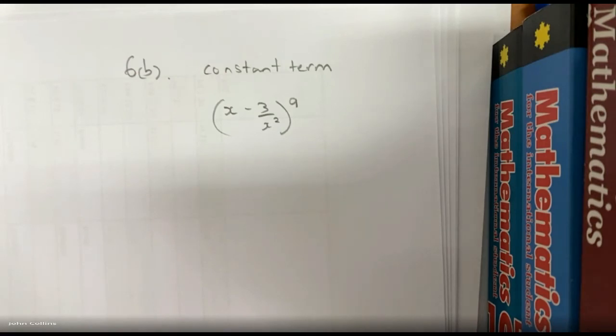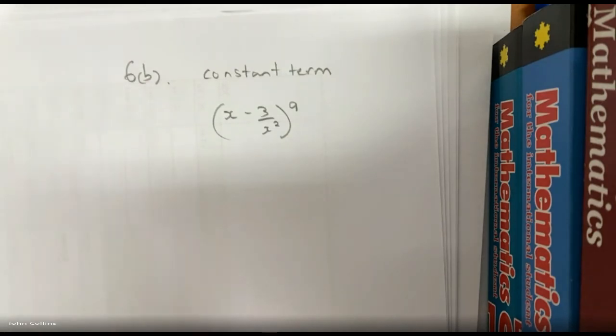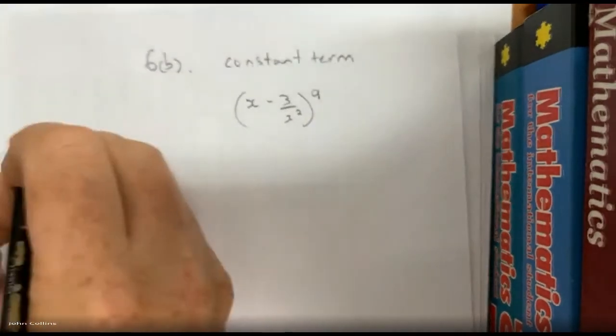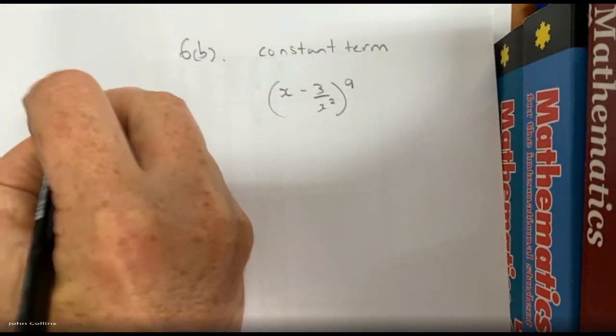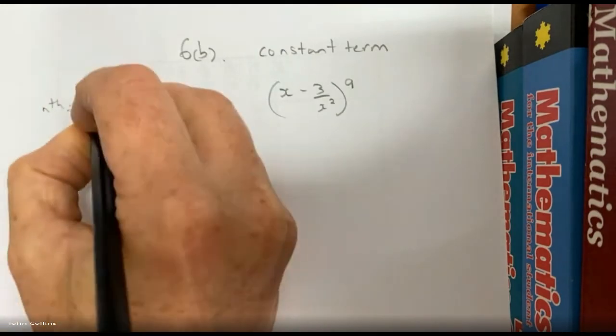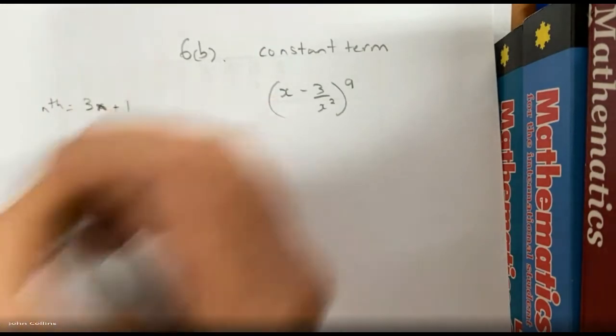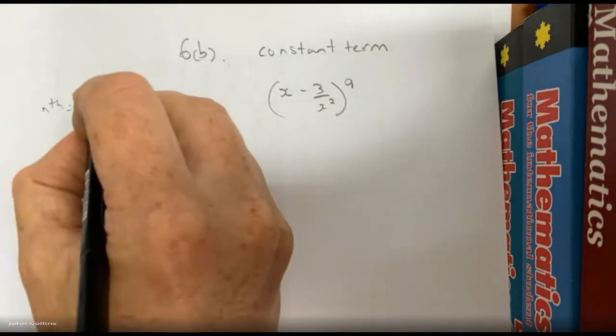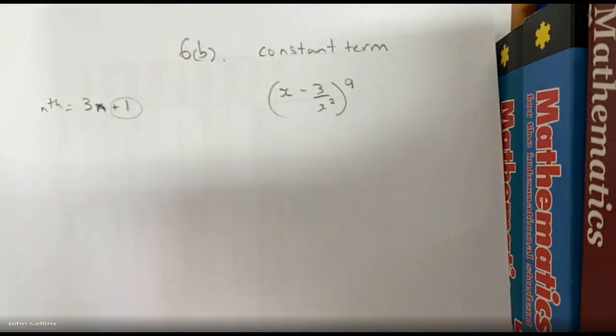So, it only contains a number. Thank you, Georgina. Someone helped me out. I wasn't sure what it was myself. Yes, it's not affected by the variable, so it's not going to change. For a simple example, when you're dealing with sequences and you've got the nth term, 3n plus 1, this plus 1 is the constant term.